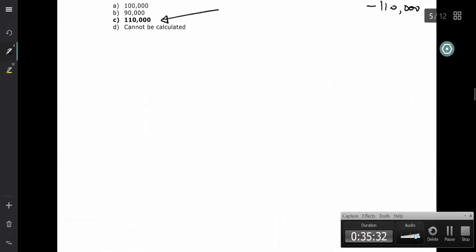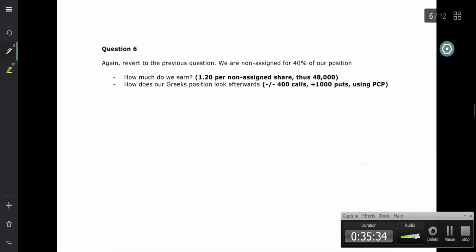Now if they forget to exercise, then they don't get that $1.20 benefit, and their loss actually is your gain.